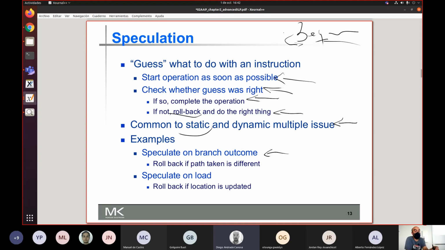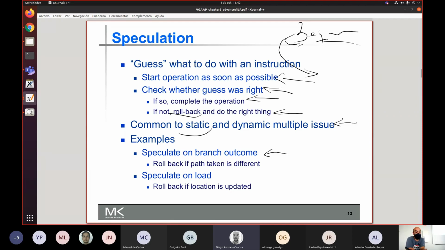You are going to discover that computer architects are very obsessive people, okay? Because they are paid for this. And they don't want to lose these cycles. So what they do to avoid this is to try to guess which is going to be the outcome of the branch, okay?